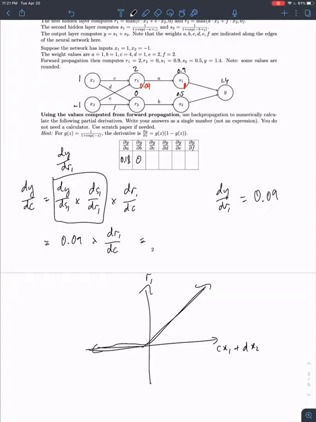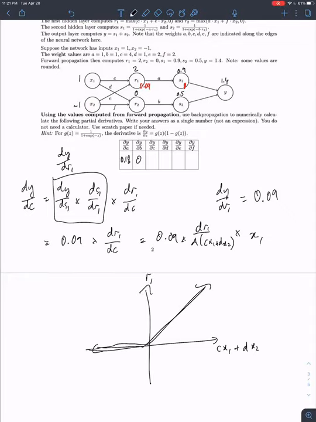So our derivative is the 0.09 term, times dr1 over d(cx1 plus dx2), times d(cx1 plus dx2) dc. Well, that last part is just x1, because x1 is what multiplies c.